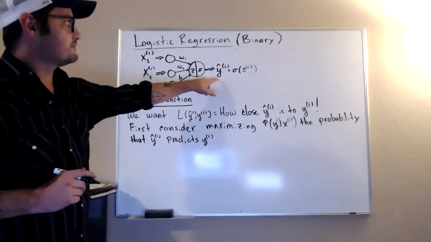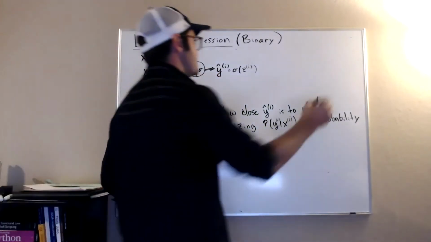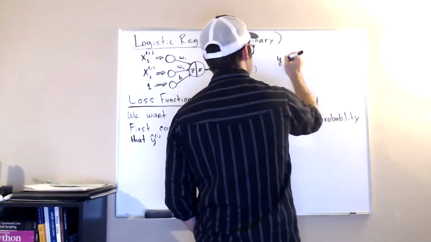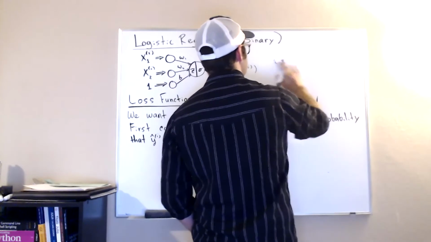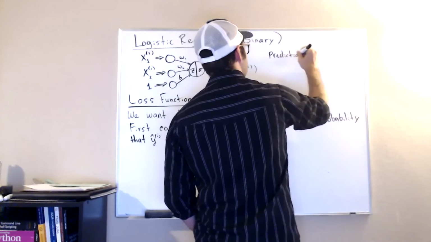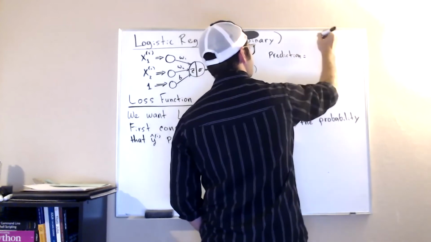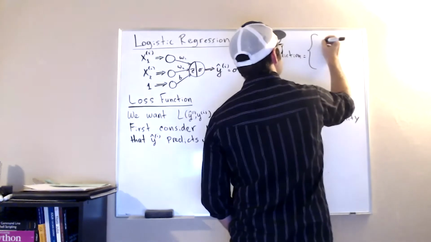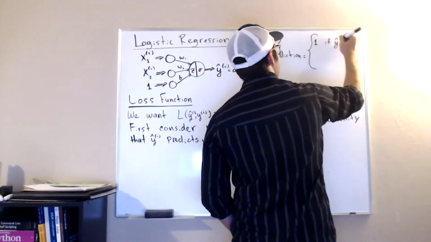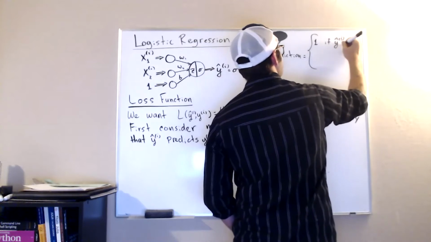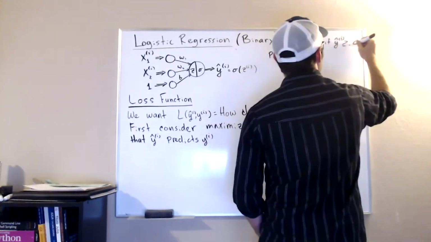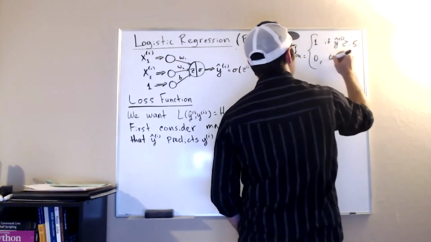Currently, y hat i is a numeric value, but we can say that something like the prediction is 1 if y hat i is greater than or equal to 0.5 and 0 otherwise.